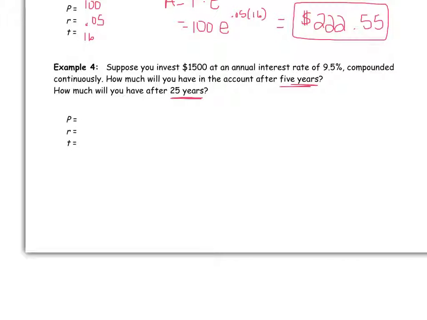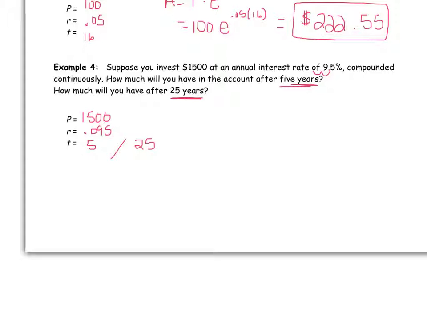If we invested $1,500, that initial amount is going to be the same in both cases. And an annual interest rate of 9.5%, so we're going to move that over twice, so that would be 0.095. And then time, in our first example, it's going to be 5 years, and then we're also going to do 25 years.